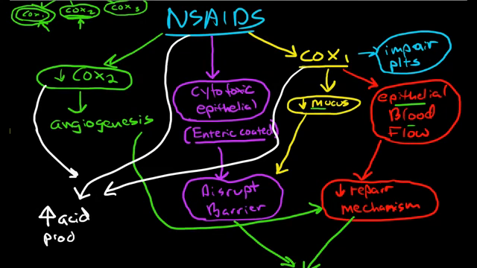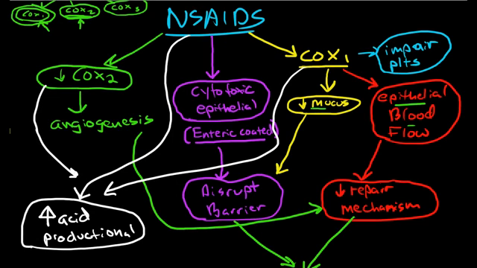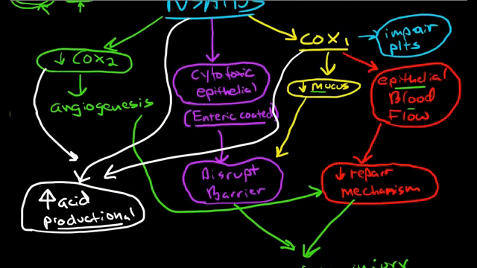However, this is not considered the central component of mucosal injury with NSAID use. By order of priority, I would say that disruption of the barrier mucosa is first. The loss of epithelial repair mechanisms is second, and increased acid production would be third.